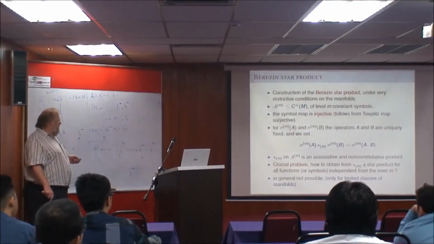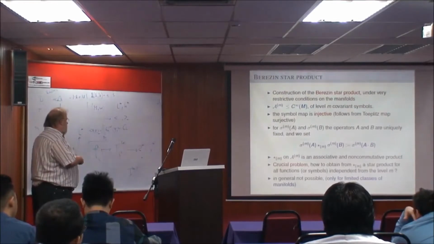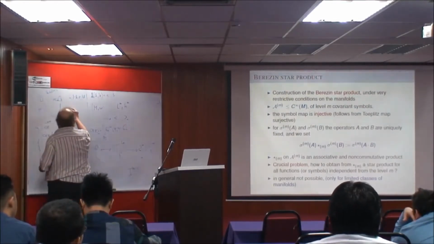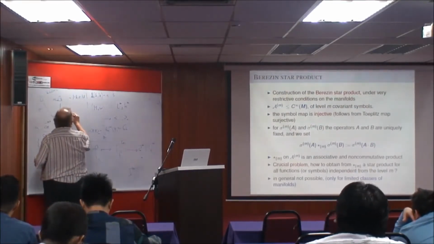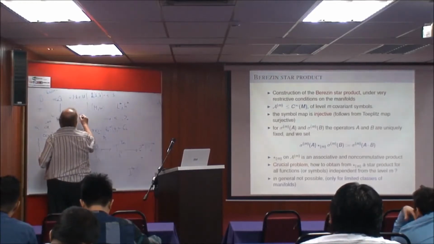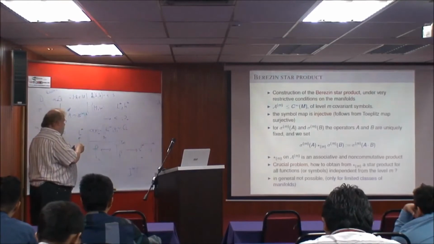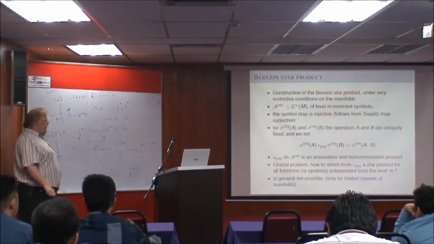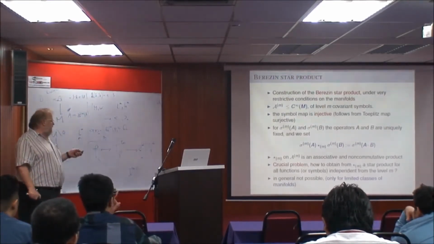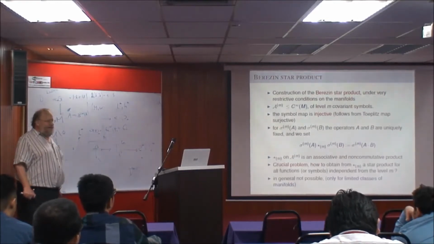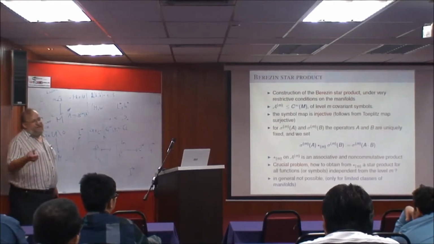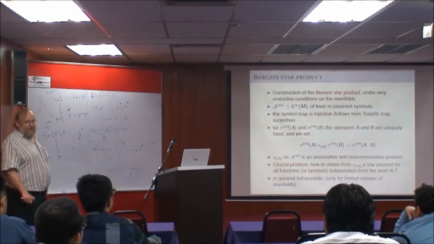Now, the covariant symbol map, this was the sigma, A to sigma M of A. This covariant symbol map is injective. This follows from the fact that the Toeplitz map is surjective. I hope, if I have time, I will show this tomorrow.